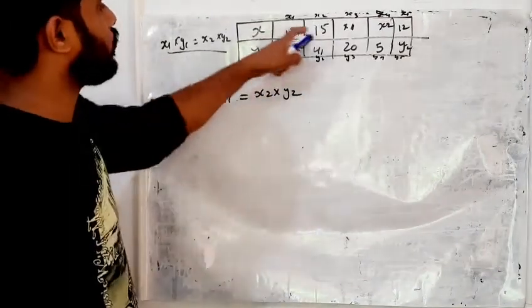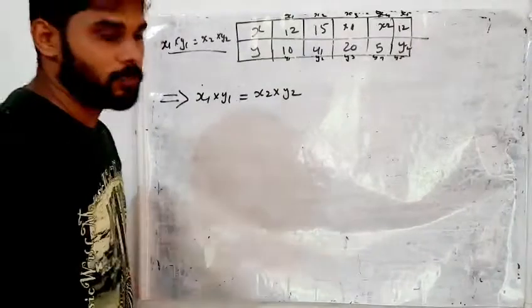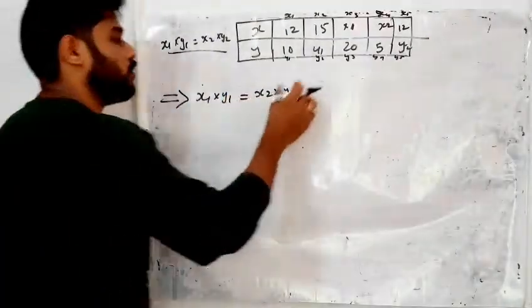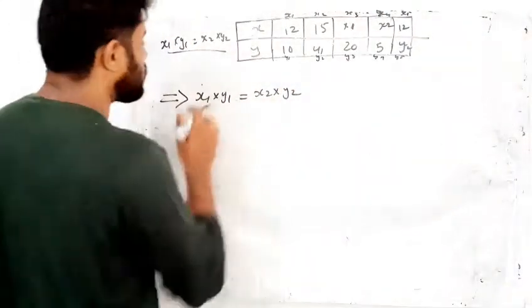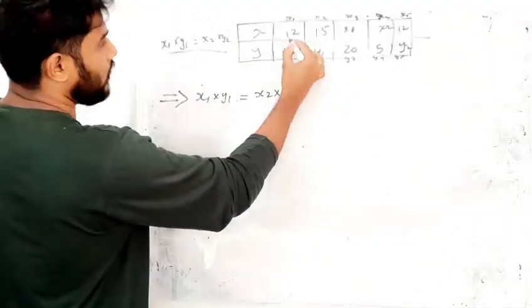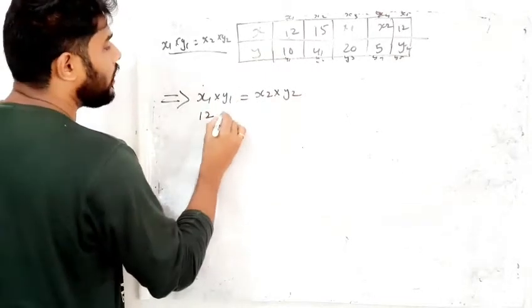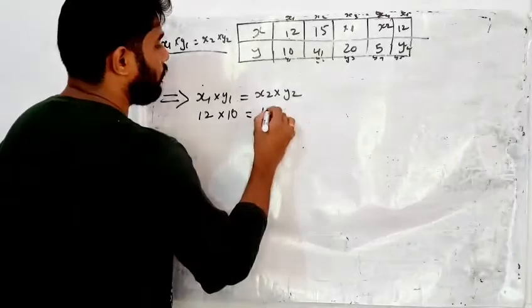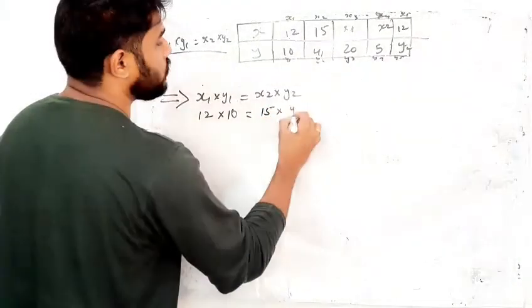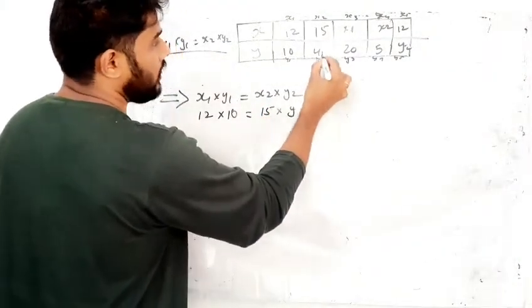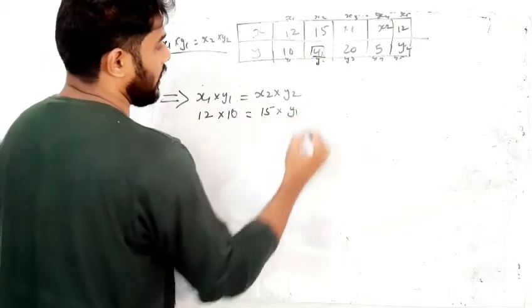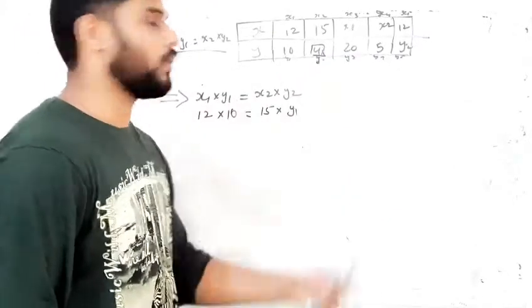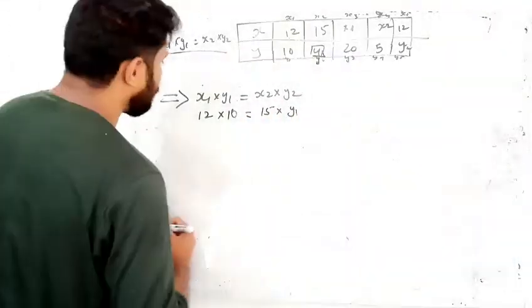If these two variables are in inverse proportion, then x1 into y1 is always equal to x2 into y2. So now we can use this equation. x1 here is 12. 12 into y1, which is 10, is equal to x2, which is 15, into y2, which we don't know. That is the value we need to find out, so I am writing y1 here.